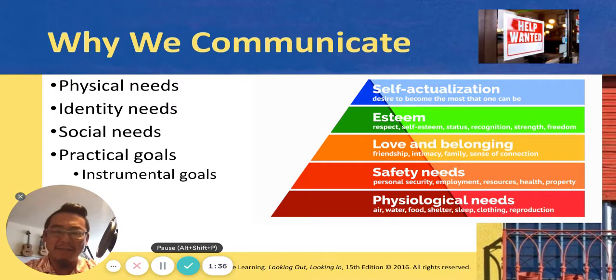Take identity needs, for example. If you look at self-actualization, people go, what do you mean I need to communicate to figure out who I am? I know who I am. Sure you do, but how do you communicate that to others? If you relate this to Maslow, go to the top one, self-actualization. When you have enough food and safety and love and self-esteem, how do you communicate that?